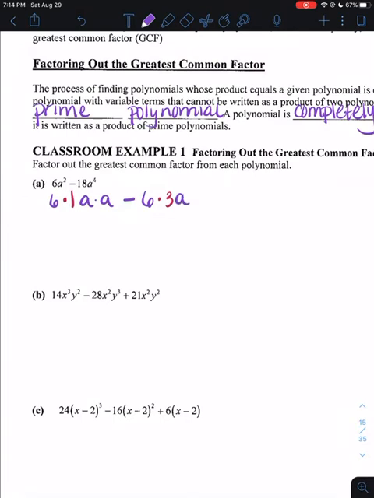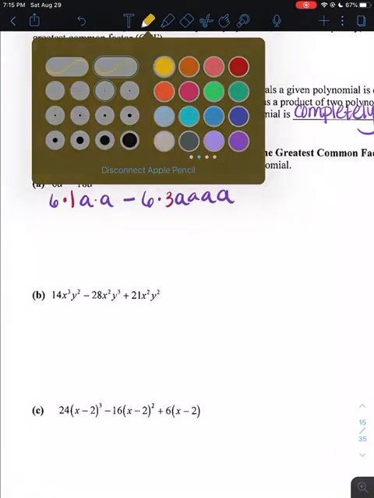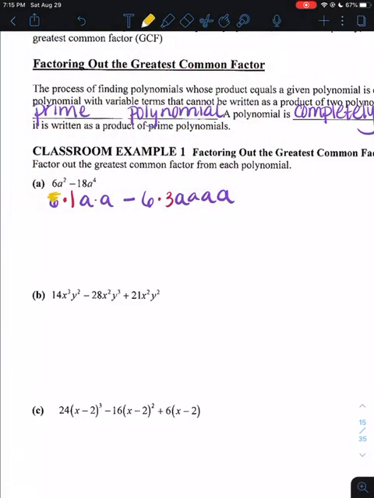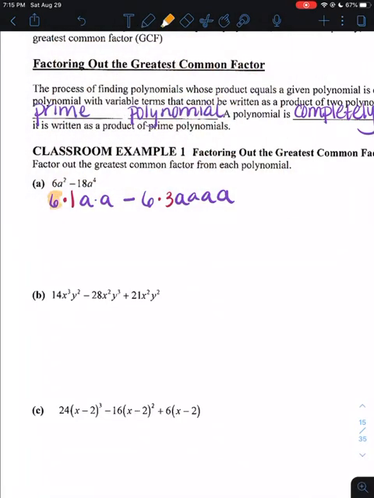And then I have 1, 2, 3, 4 of the letter a. Both terms have a 6, so I'm going to go ahead and highlight that. I have a 6 here, and I have a 6 over here.